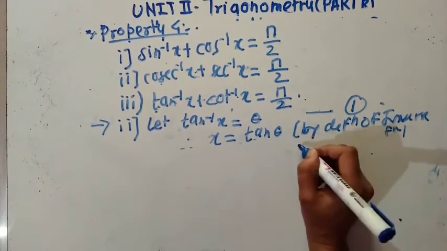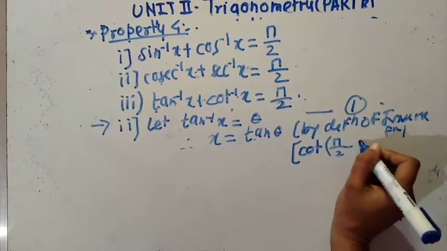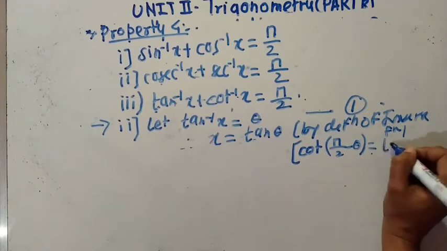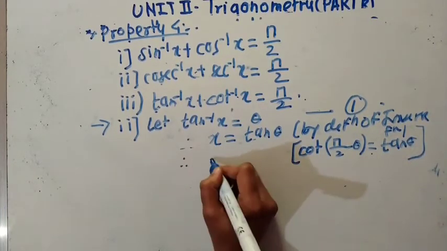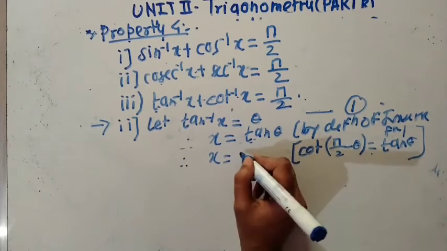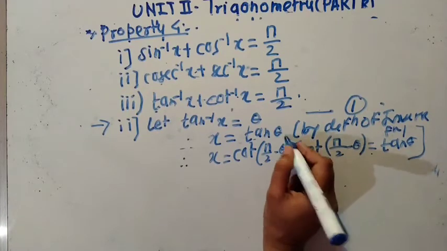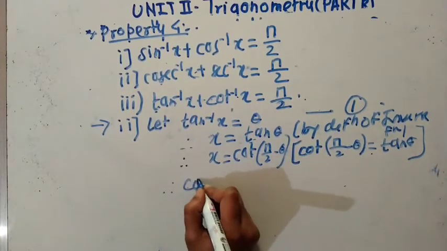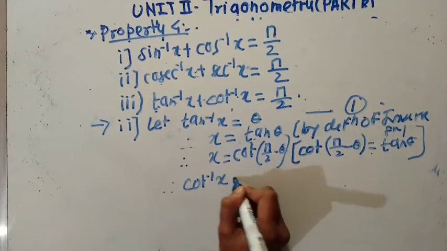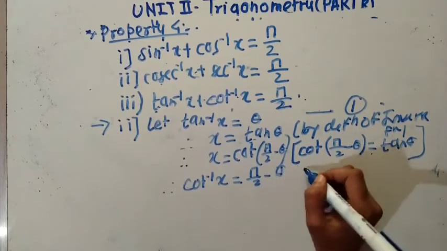But here tan theta is equal to cot of pi by 2 minus theta, hence x is equal to tan theta, which is cot of pi by 2 minus theta. Hence cot inverse of x is equal to pi by 2 minus theta.